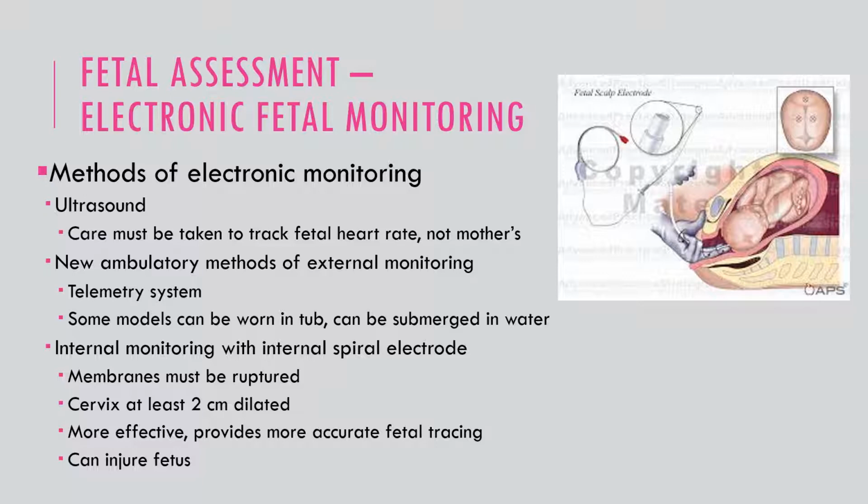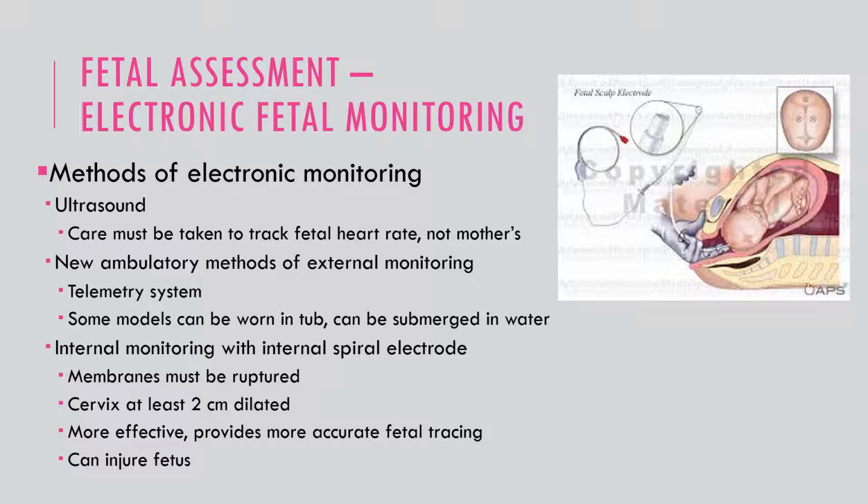And it provides you with a very accurate fetal tracing of that heart rate that is not interrupted when the mom moves or is bearing down to push. It gives us just a really good electronic heart rate tracing.